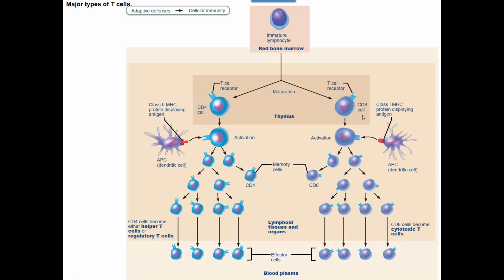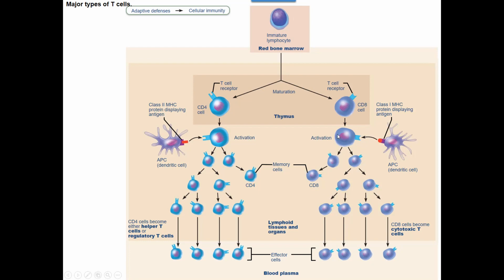It's presenting this fragment, this little red thing, to this soon-to-be cytotoxic cell. It's going to attach to it, activate it, and you're going to have that clonal expansion. Lots of copies of itself, lots of cytotoxic cells, and if they don't become additional cytotoxic cells, it becomes a memory cell.